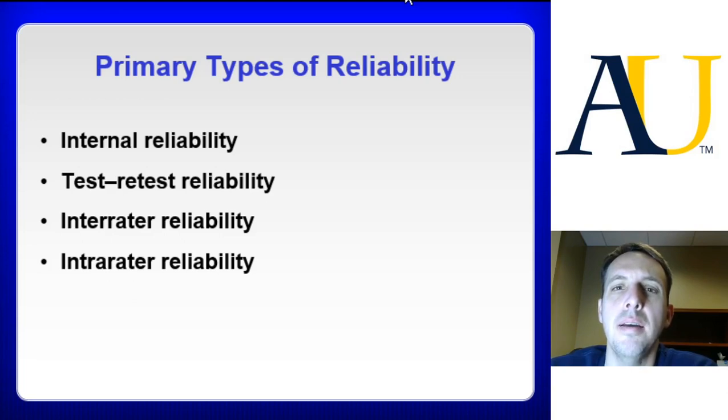And so if we do not have a reliable study or reliable methods, we cannot make any conclusions. We need to spend a lot of time understanding reliability, because without it, nothing else really matters, because we have so much error associated with the measurements that we can't take anything further.